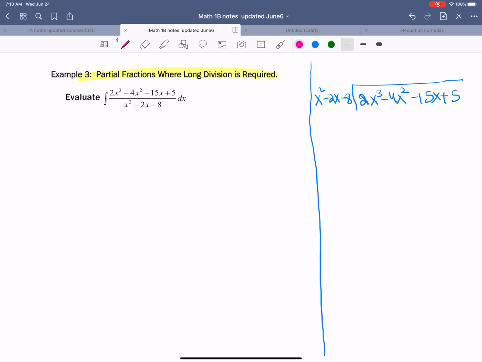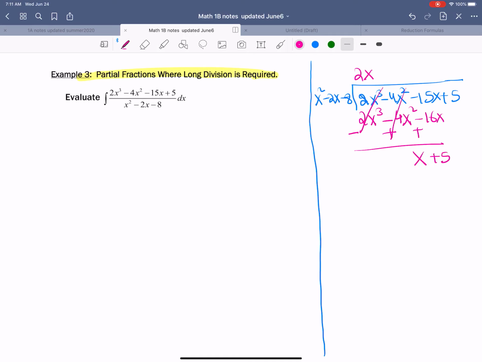X squared times what gives me 2x to the third? It would be 2x. It's 2x to the third minus 4x squared minus 16x. So subtraction, addition, and addition. So that leaves us with x plus 5.